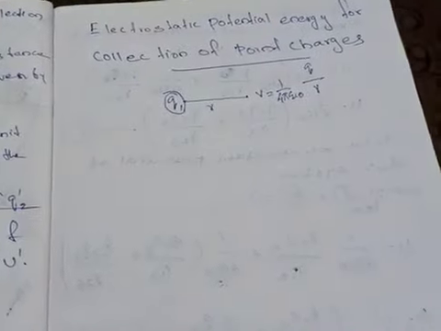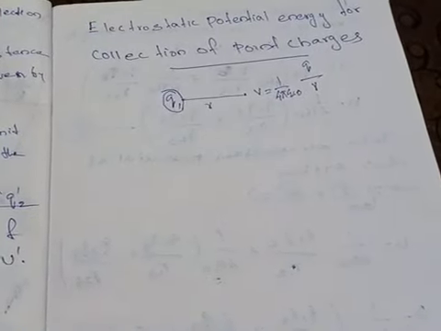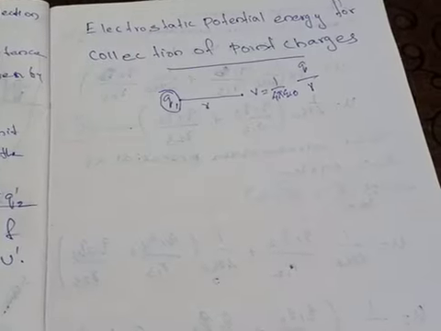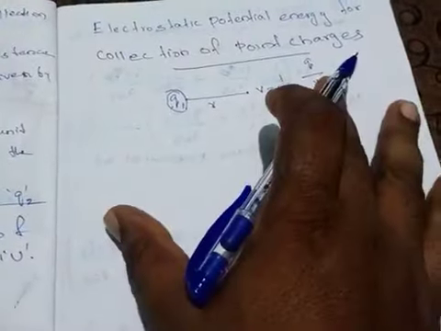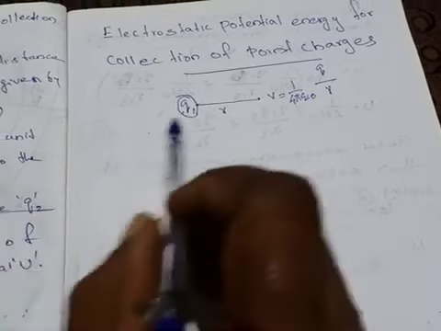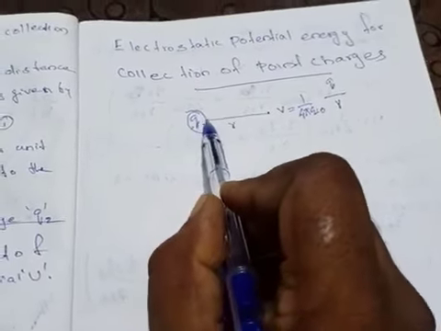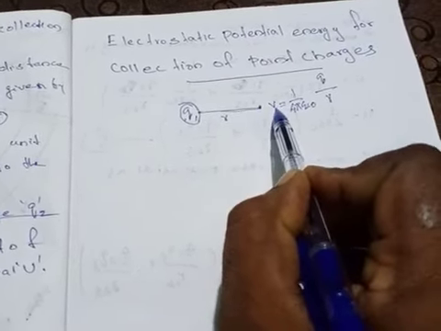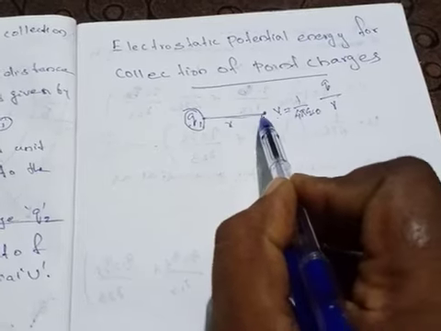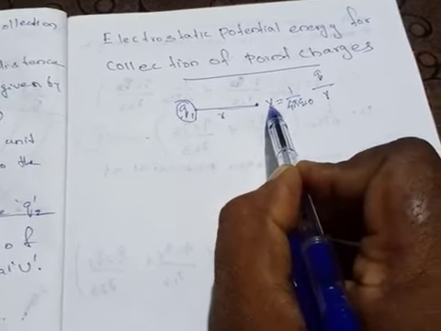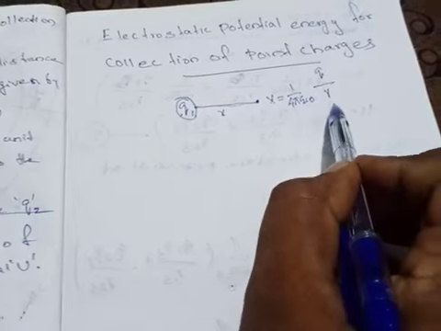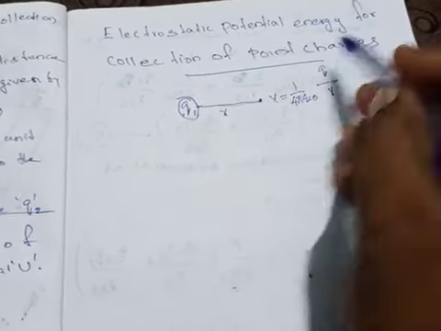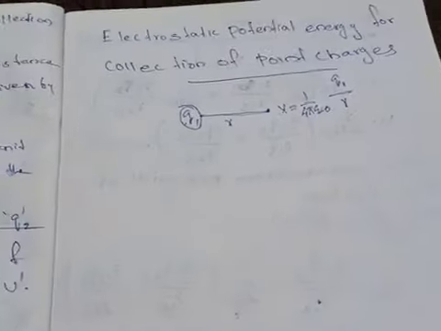Now we are studying electrostatic potential energy for a collection of point charges, not for only one charge. Many charges are kept nearby, and we are finding the effect on the electrostatic potential energy. If we keep a charge at a distance r, the electrostatic potential at that point is V is equal to 1 by 4 pi epsilon 0 q1 by r.